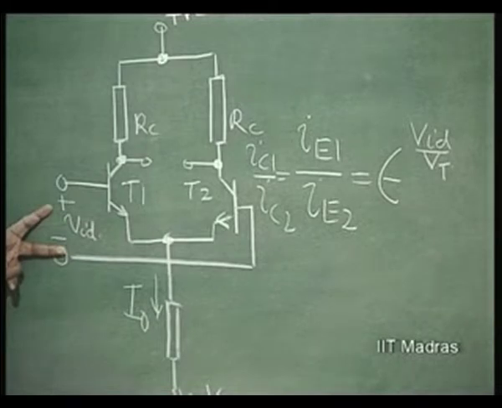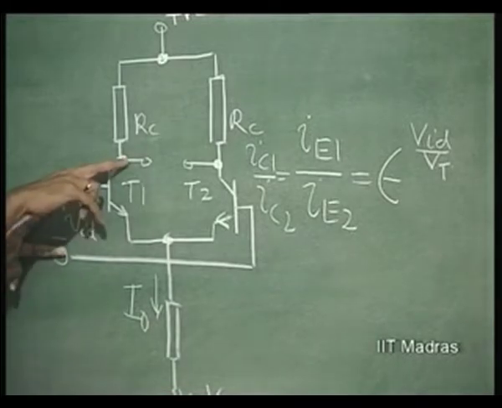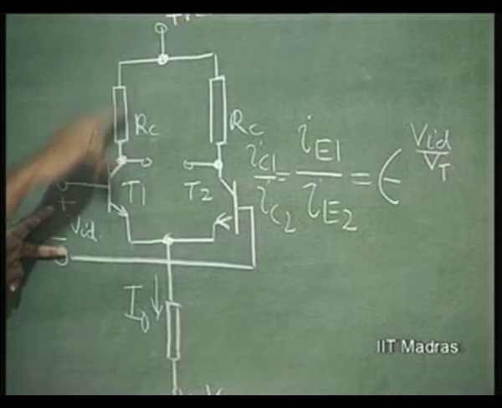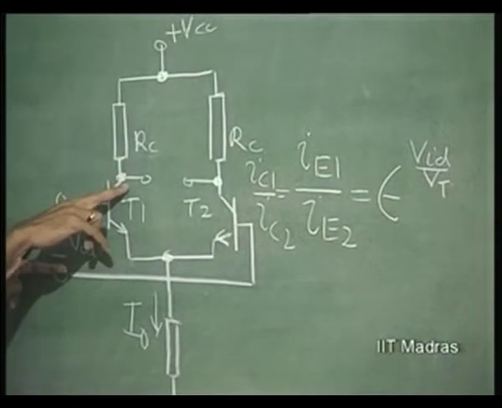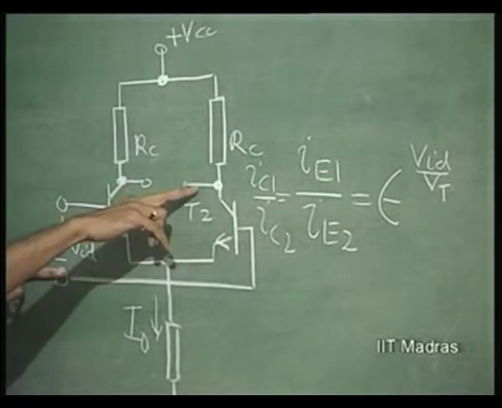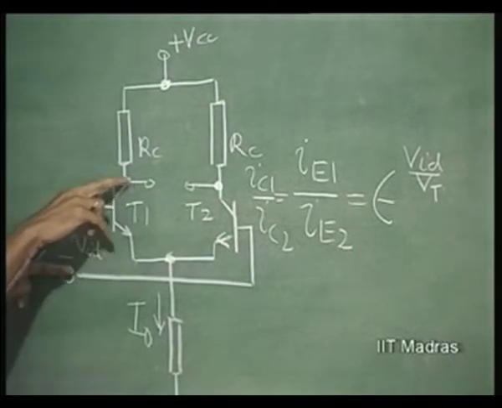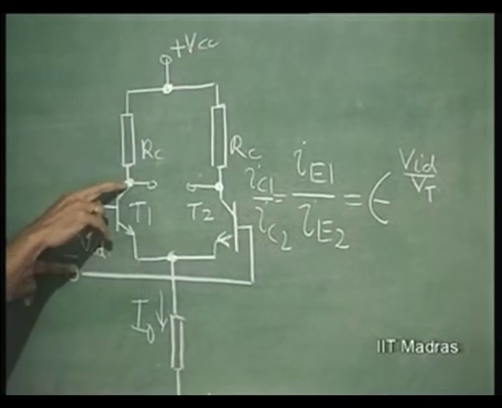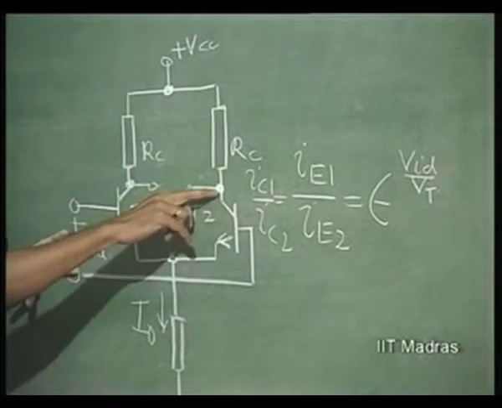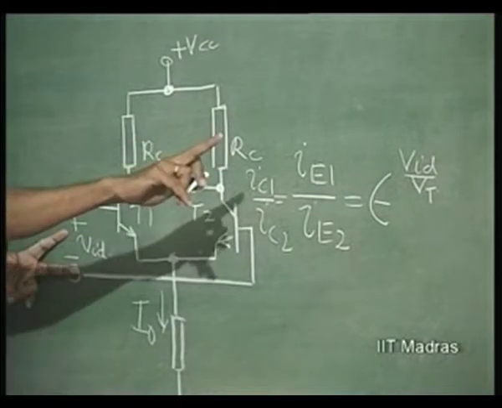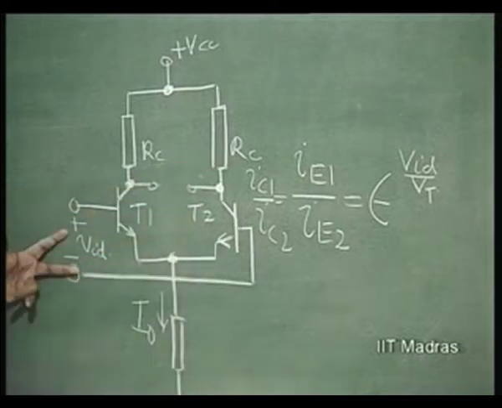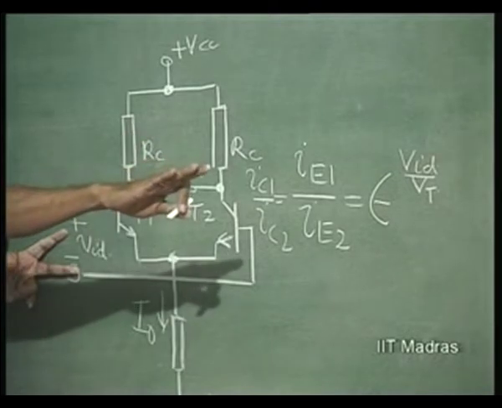At that point of time, this voltage is going to be VCC minus I naught RC. This will be VCC because there is no current here. So, this output voltage will be VCC minus I naught RC minus VCC, and therefore it is minus I naught RC. When VID is a large positive, the output voltage will go towards minus I naught RC.